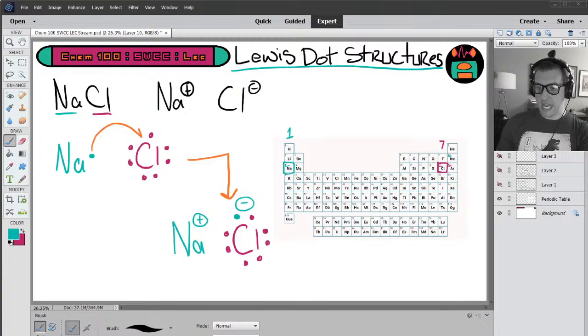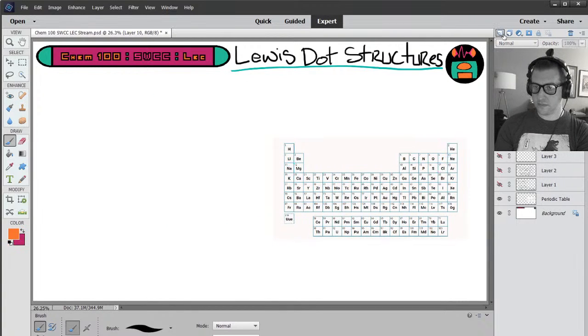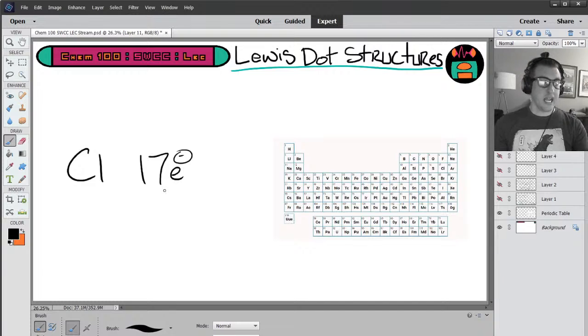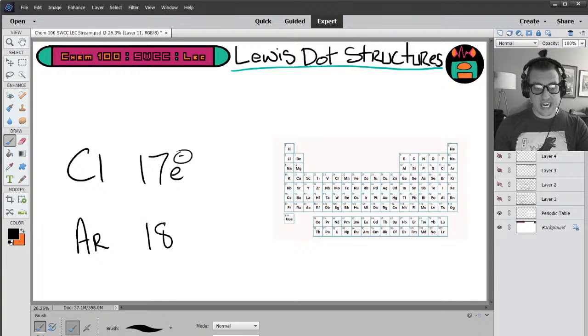If you look at chlorine, chlorine has 17 electrons, and it wants to be as stable as a noble gas as fast as possible. There are two noble gases closest to chlorine. Argon has 18 electrons. Neon has 10.